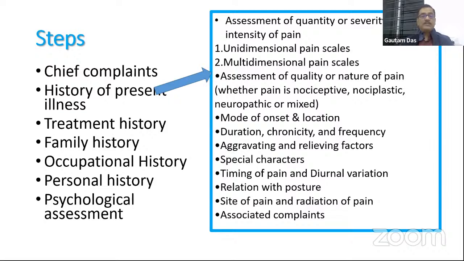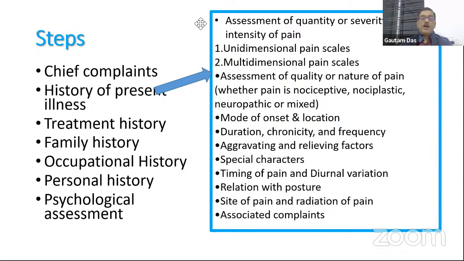So now let us elaborate the history of present illness. What is important is your assessment of the quantity of the pain. Quantity or severity or intensity: how much is the pain? And here again it has two broad types.